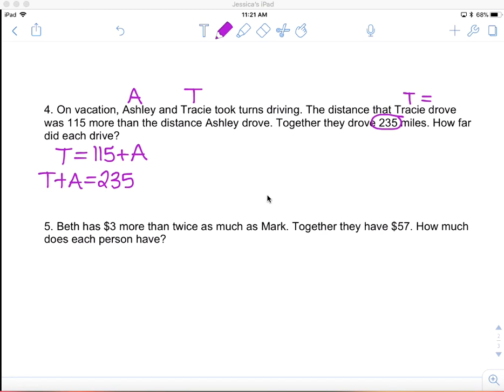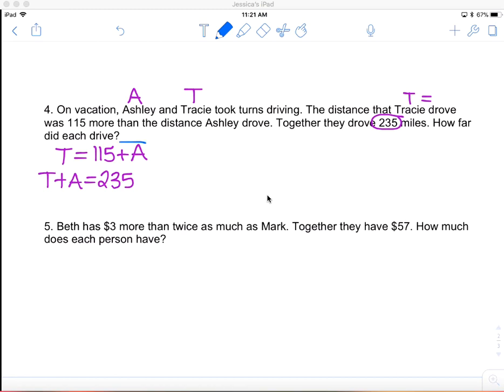At this point, you get to choose whether you're going to use substitution or elimination to solve this. If you want to use elimination, you can move the a over and line up your variables. This problem is already set up for substitution because t is already alone. So I'm going to use substitution here. But again, you get to choose.